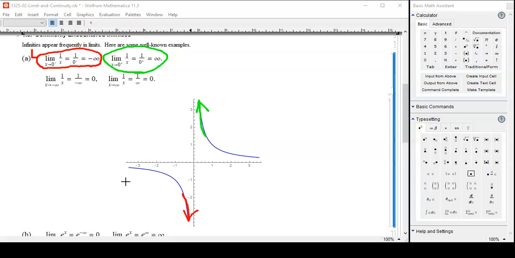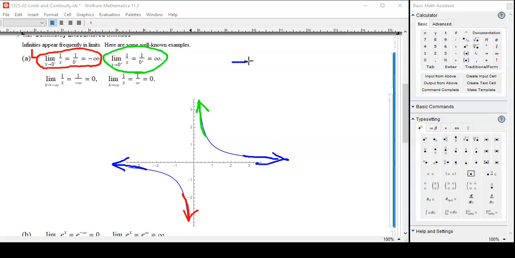Either way, both this one here and that one there, they are going down to y equal to 0. So 1 over infinity is 0. 1 over plus infinity versus 1 over minus infinity, no difference there, because plus 0 or minus 0, there's no difference. But 1 over 0, that's a little bit different. 1 over 0 plus versus 1 over 0 minus, we get different infinities.